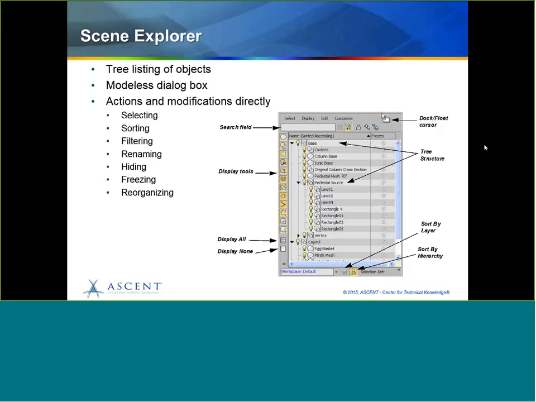The actions and modifications that you can do in the Scene Explorer are selecting, sorting, filtering, renaming, hiding, freezing, and reorganizing. And one more thing is that it's a tree listing of objects in the form and shape of a hierarchy. For example, you have grouped certain objects and placed them under one main master object.